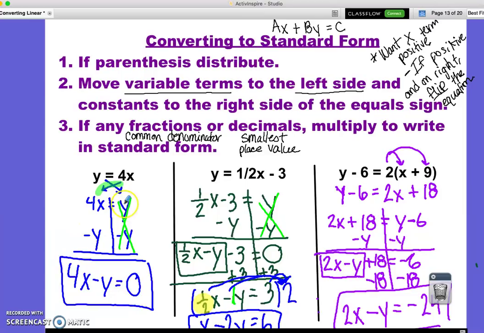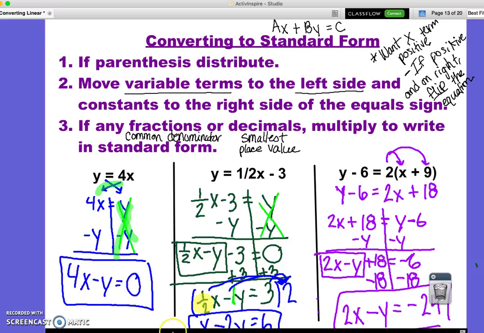So if I have y on the right side, I need to subtract it to get rid of it, because anything minus itself will just be 0. And I have to do it to both sides, so then I have 4x minus y. This has only whole number coefficients. I have 4x minus 1y equals 0. Remember, if there's nothing there, my b would be 1 here.